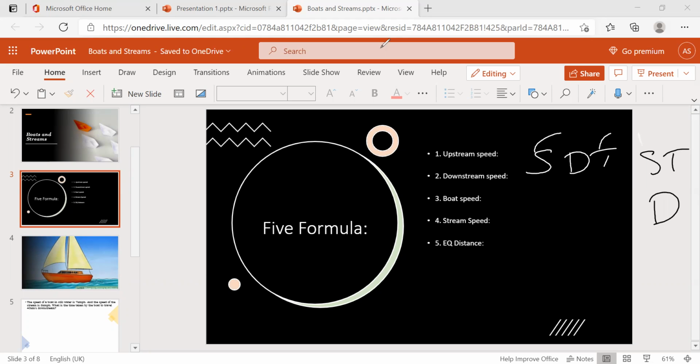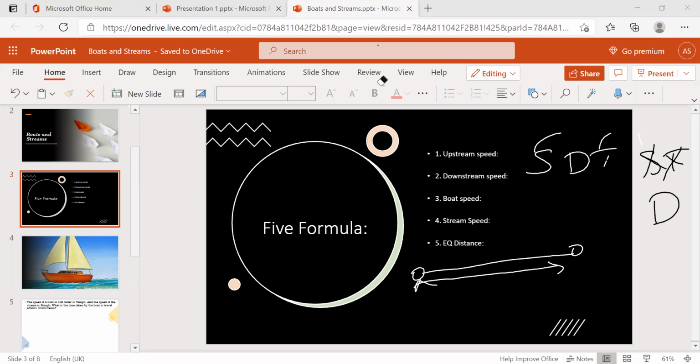And time: if upstream, it will take much time to reach the same distance, while downstream, time will change, and speed will also change, right? So which one is constant here? Suppose I am going to an island. Here my boat is moving in the upstream direction, and the river flows like this.